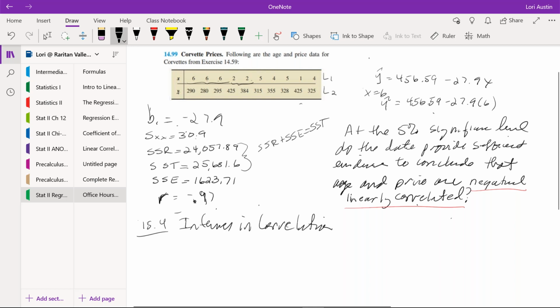So we should again be able to reject here, of course. But R is for the sample. For the population, we introduce a new variable called rho, and it kind of looks like a fancy P. And that is our population correlation.